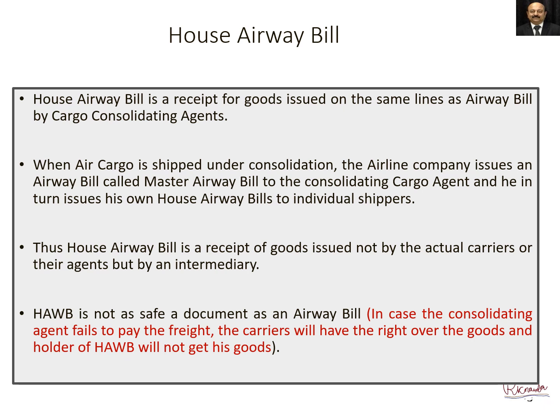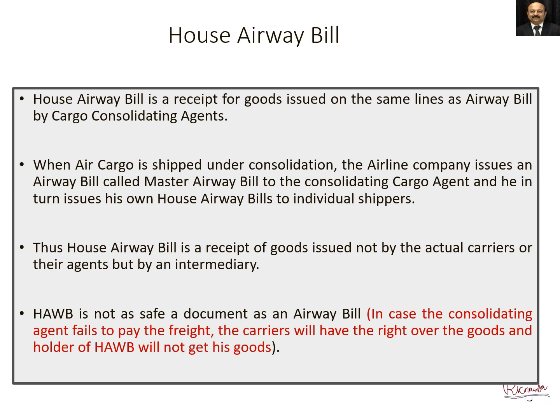And these agents get a master airway bill from the airlines, the airlines having sublet this space to the cargo agent, and the cargo agent in turn is allowed to issue a house airway bill to the exporter whenever the exporter hires space in these airlines.